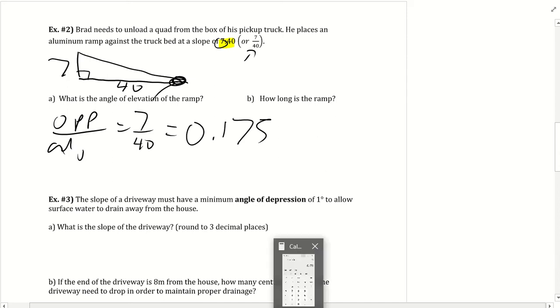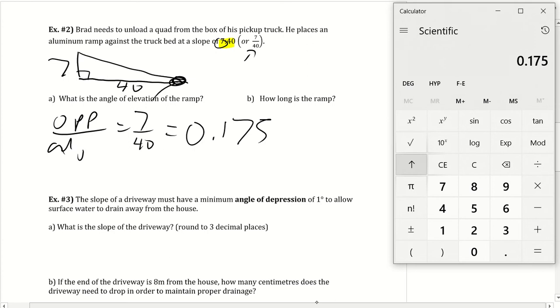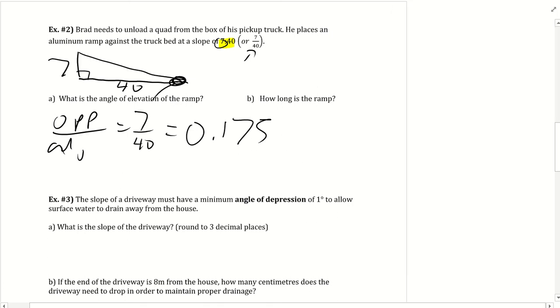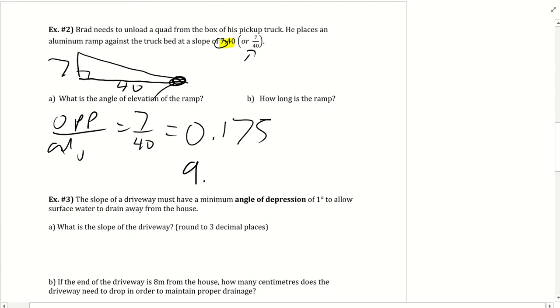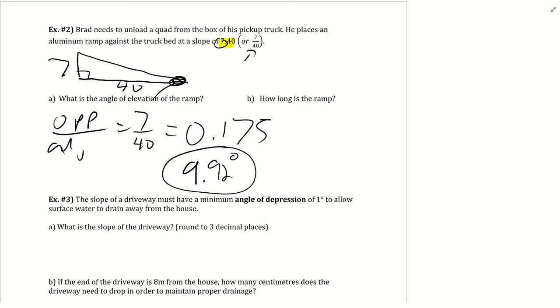So we have to bring back our calculator, hit the arrow on your calculators that we use in class. There's a second function. Make sure you're in degree, right? You want this tan to the -1. So boom, there you go. And that means the angle of elevation would be 9.92 degrees.